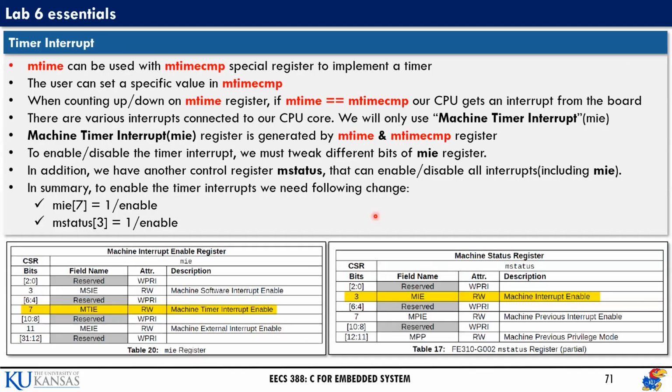Now, to complete this lab, we have to understand some registers besides the mtime register. One of them is the mtimecmp register, and we can use mtimecmp with mtime to implement a timer.